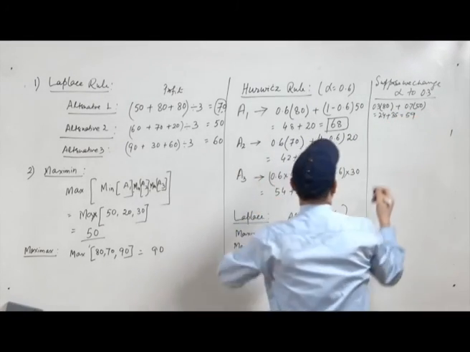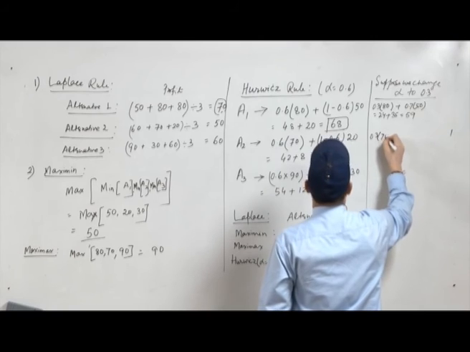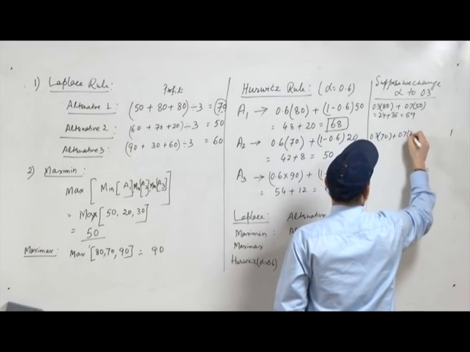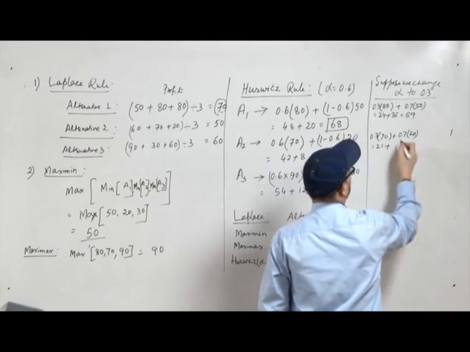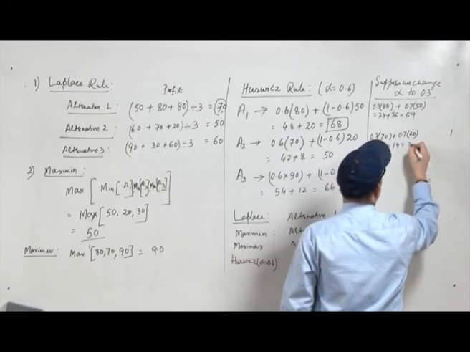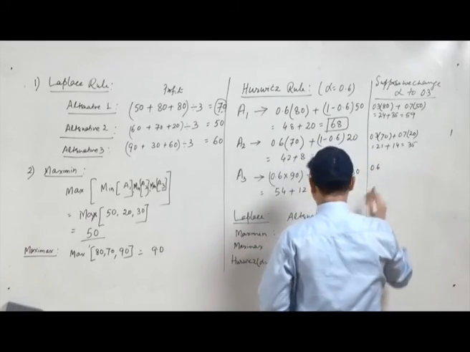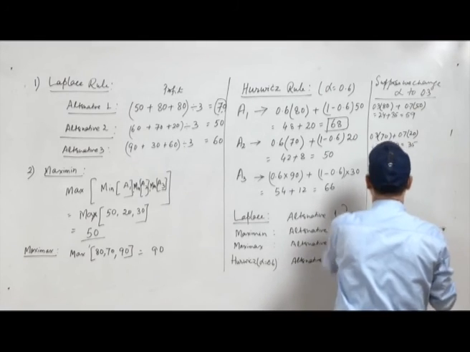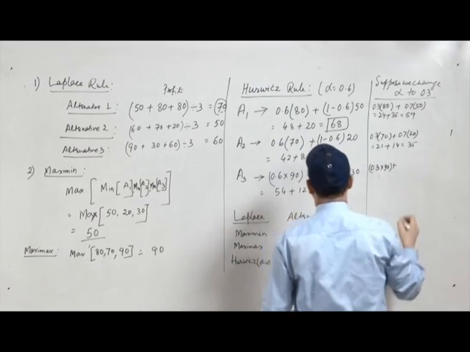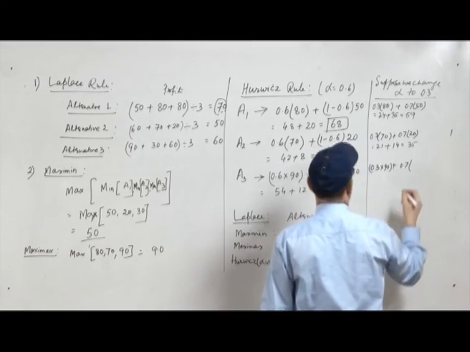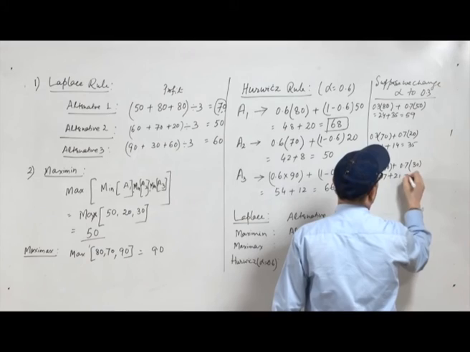If you take A2, it will be 0.3 times 70 plus 0.7 times 20. So, it will be 21 plus 14, that is 35. And for A3, it is 0.3 multiplied by 90 plus 0.7 multiplied by 30, so it will be 27 plus 21, that is 48.